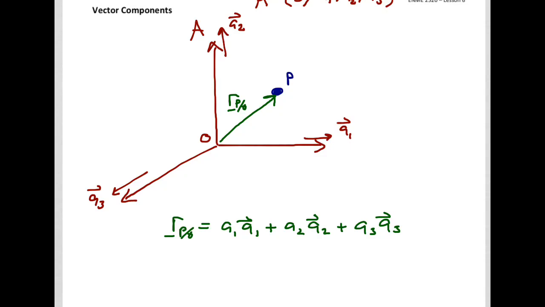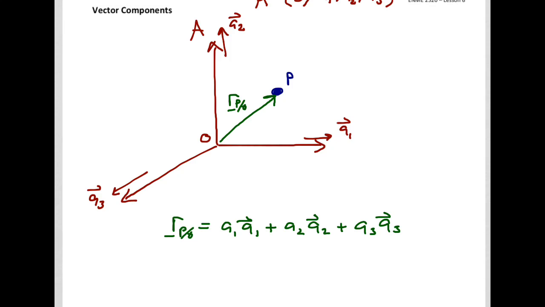So what we've done here is that we've got this position vector, and remember, a vector exists whether we like it or not, and it's up to us to define it. We've now defined this position vector, R of P with respect to O, in the A1, A2, and A3 basis. And that's within the reference frame A.